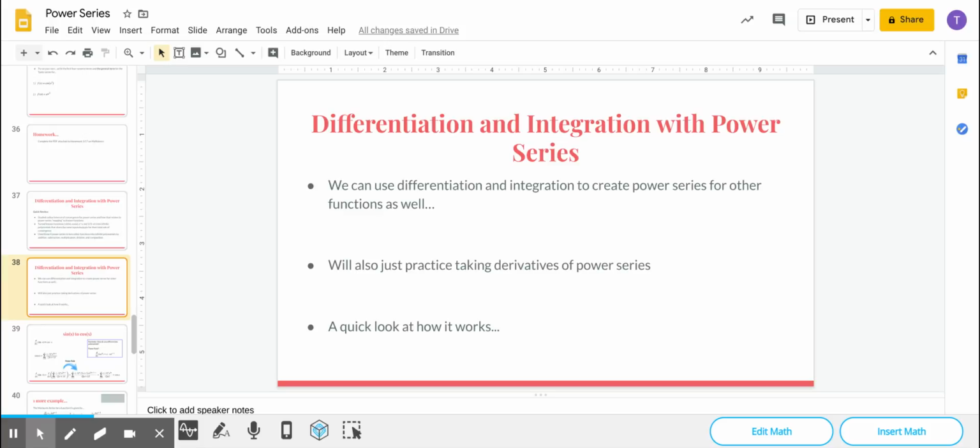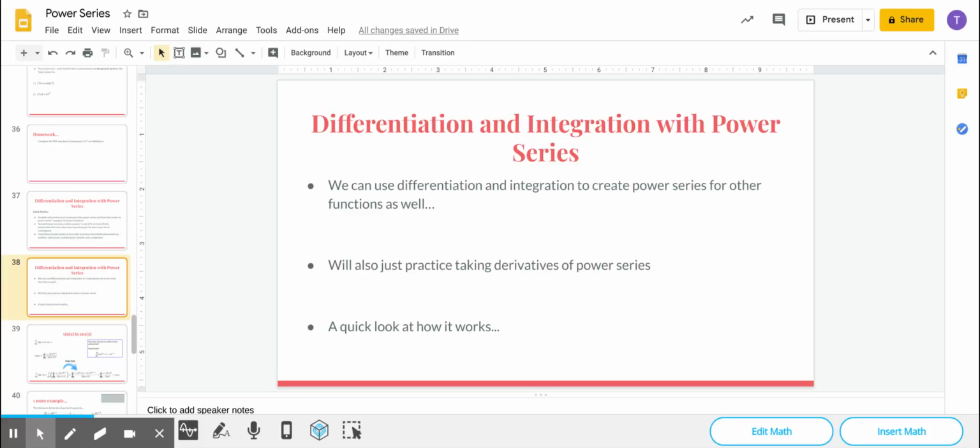So we'll talk about specific functions today a little bit. But then we'll also just practice with general power series that may or may not relate to a known function, kind of like random power series that I've either found or that I've created, just to get a feel for how you can differentiate and integrate and what that process is like.